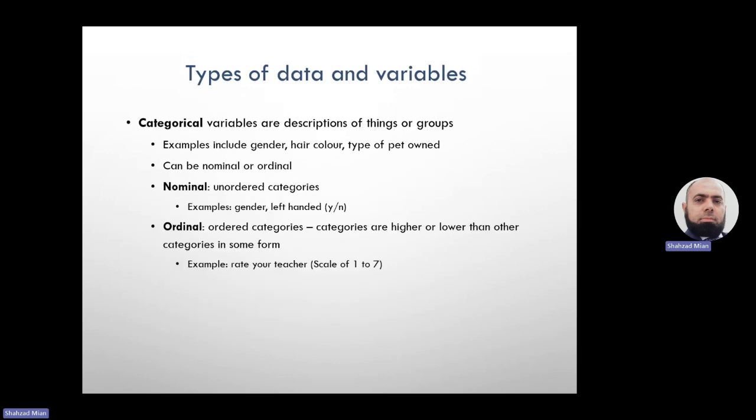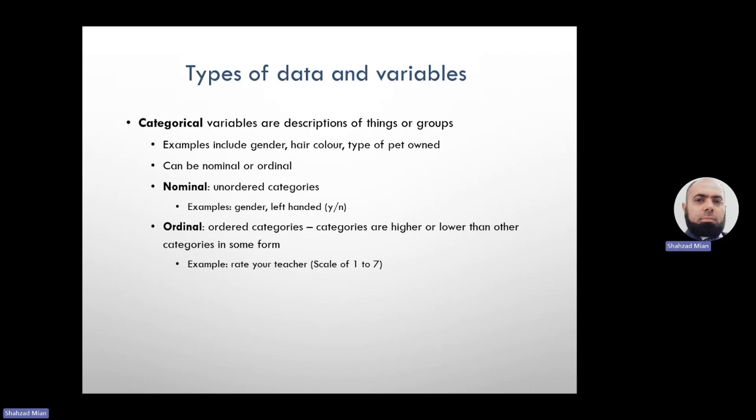Categorical variables are descriptions of things or groups. For example, gender, hair color, and type of pet owned are categories: gender is either male or female, hair color could be black or brown, and type of pet owned could have multiple options. Those categories can be nominal or ordinal.